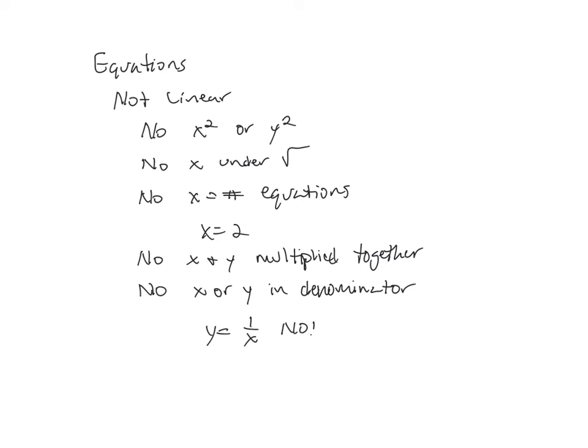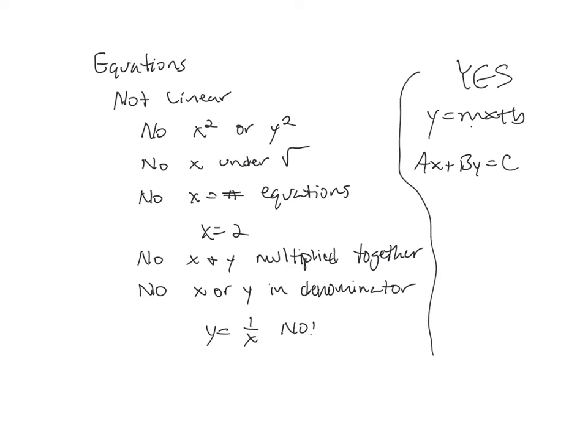Okay, so basically anything in the form of y equals mx plus b is good. Pick a number for m, pick a number for b, and all the rest of them are good. Anything that's like standard form, we talked about that, A, B, and C are just the numbers. Okay, so these are yes. Any of those things are no.